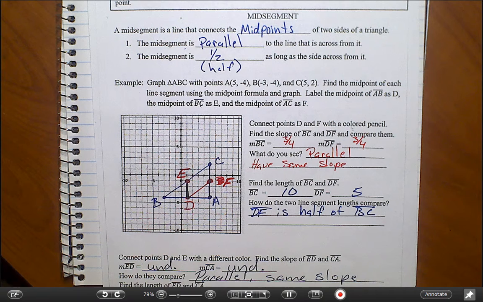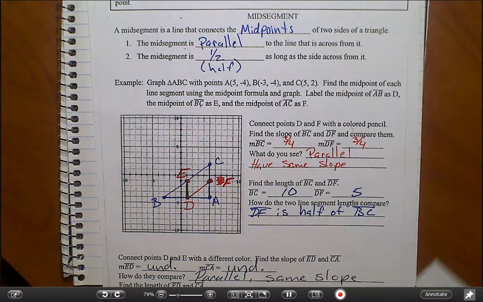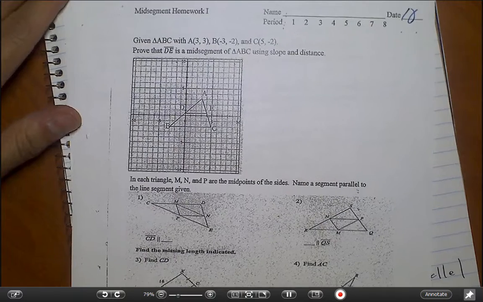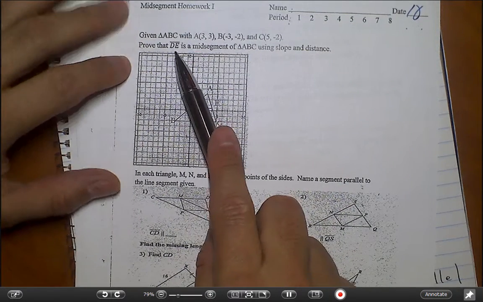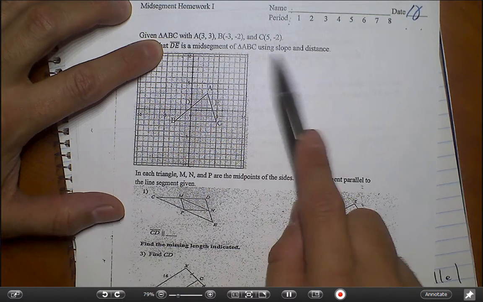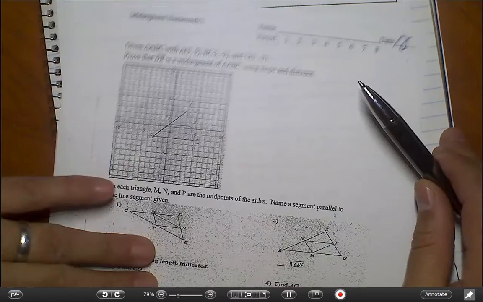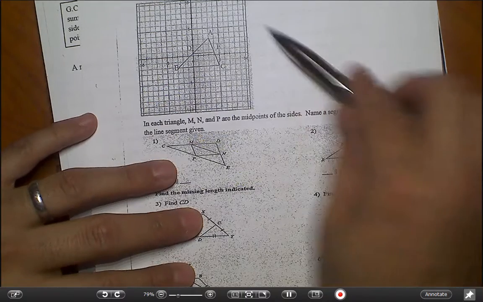Now, let's take a look at number 10. Page 10. So this is going in your notebook on page 11. This is your practice. So right here, prove DE is a midsegment of ABC using slope and distance. So it's basically doing the exact same thing you did right here, this is just giving the graph.